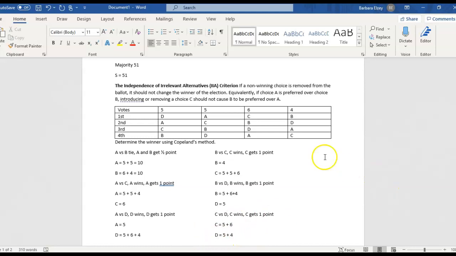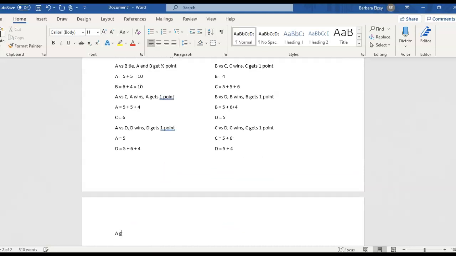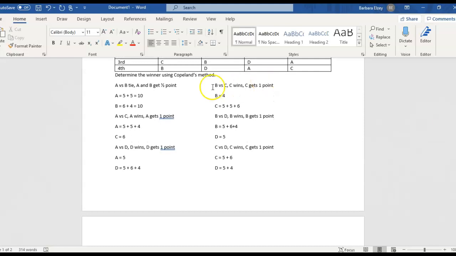All right, so let's tally up what we have here. A has a half. A has this one here, so that's 1.5 for A. A gets 1.5 total. And then let's look at B. B's only getting a half point here and 1 point here, so B gets 1.5.